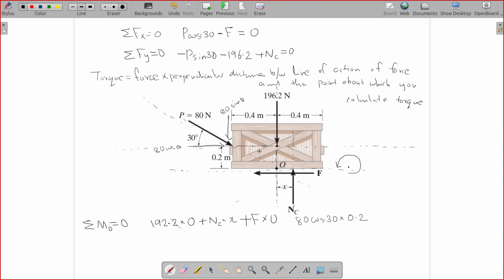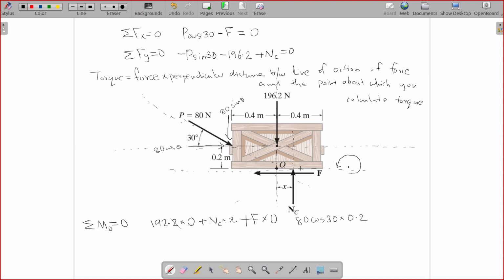Now, is it clockwise or anti-clockwise? Someone tell me. The torque due to 80 cos theta will be clockwise or anti-clockwise? Will that force tend to rotate the object in a clockwise direction or anti-clockwise direction?